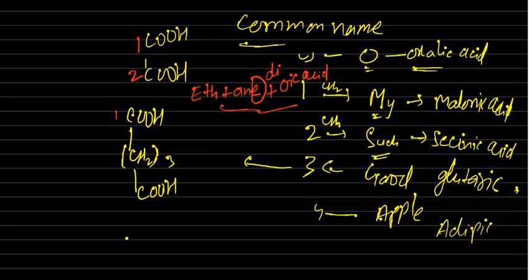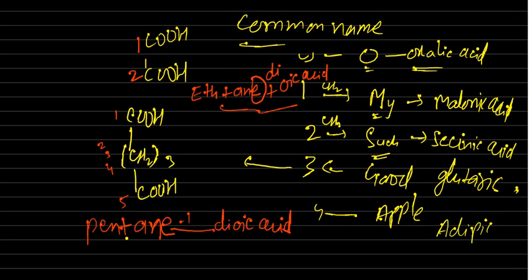Now here 1, 2, 3, 4, this is the 5, because 3 carbons are there in between. So total pent, and completely you can write, because 2 dioic acids are there: pentane dioic acid. But what is the position? 1, 5. Pentane 1, 5 dioic acid.